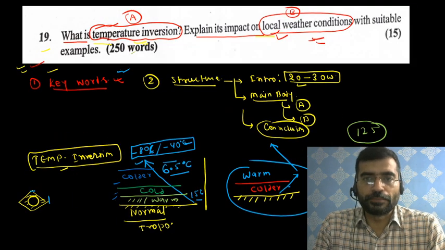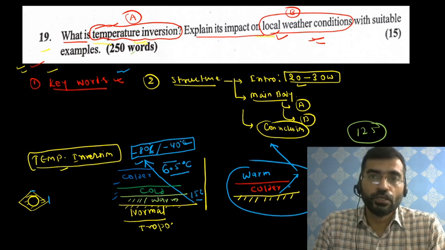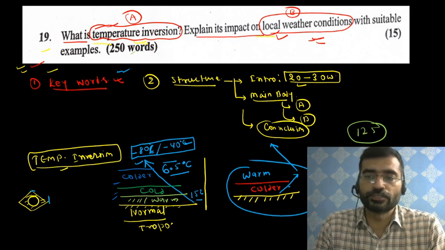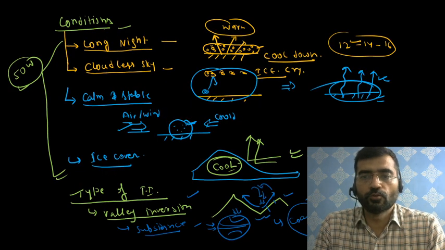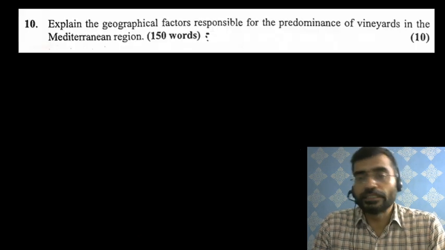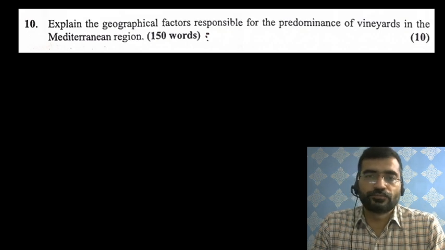Write about temperature inversion in the introduction, thereafter in the main body explain more about temperature inversion with diagrams and examples, thereafter mix in the heading local weather condition and go with the dimensions, and in this way you will write a good answer with these points. Diagrams can increase your marks. So that is the answer.